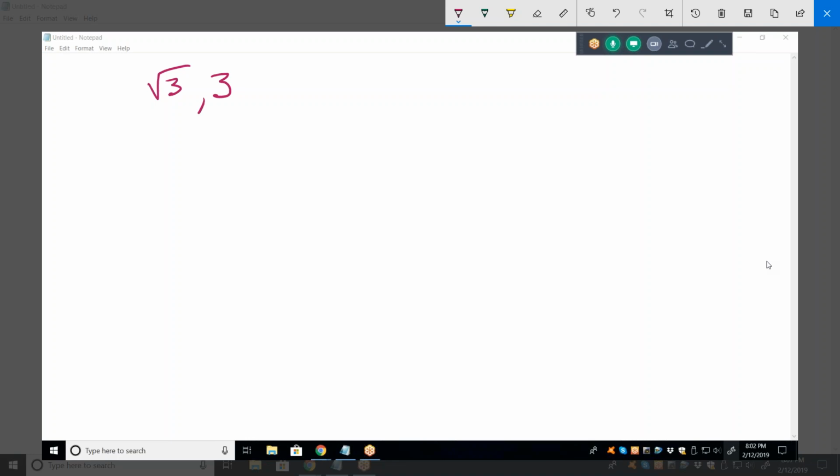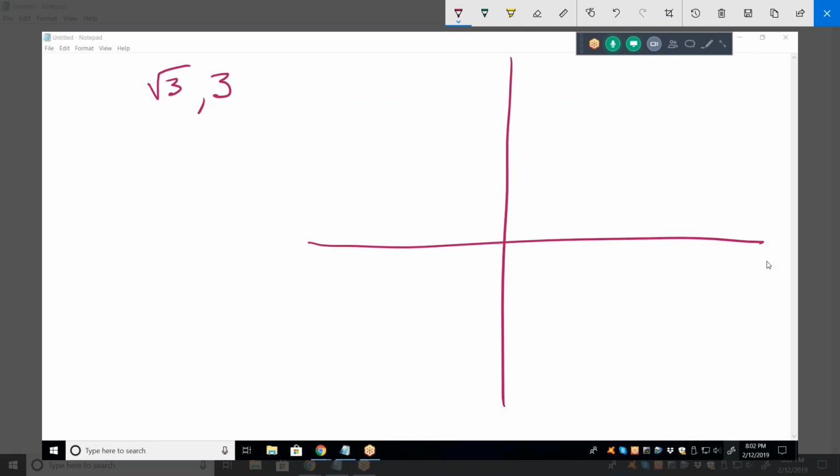Through that point? Yeah, and then opening upward. Right. And so it's definitely like this. Root 3 is about 1.7. We'll make that about right there.